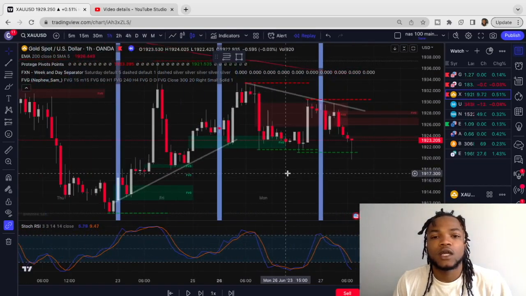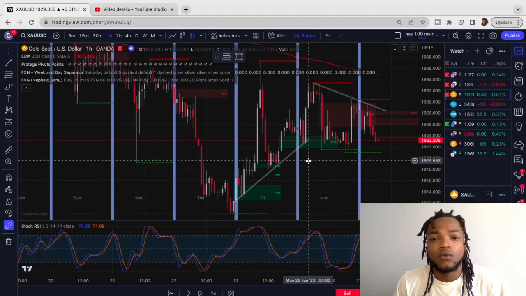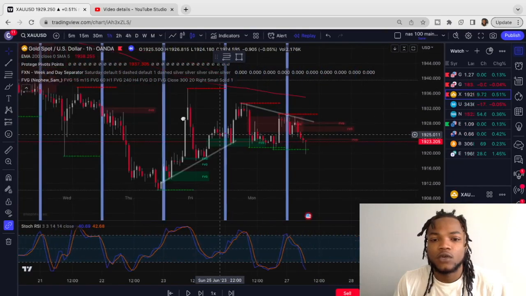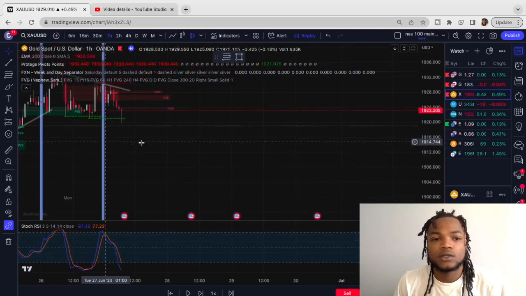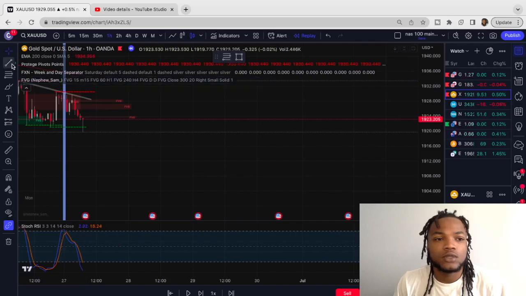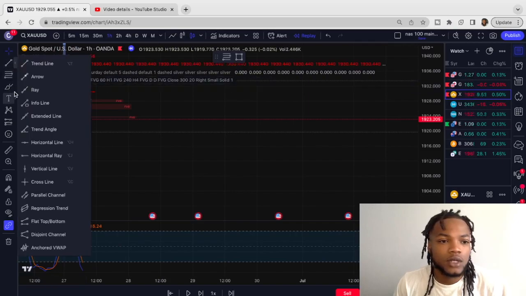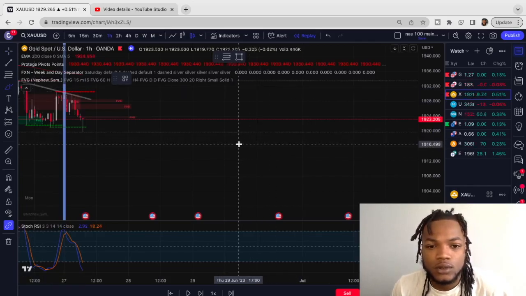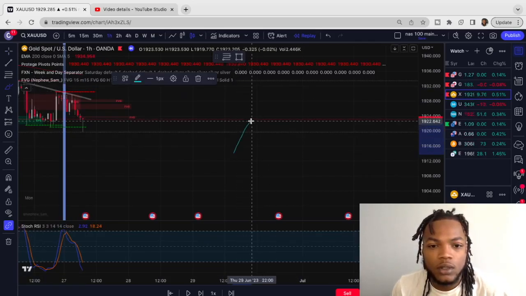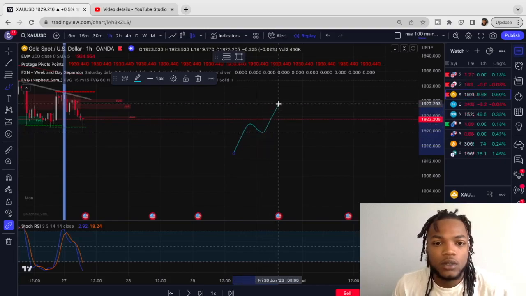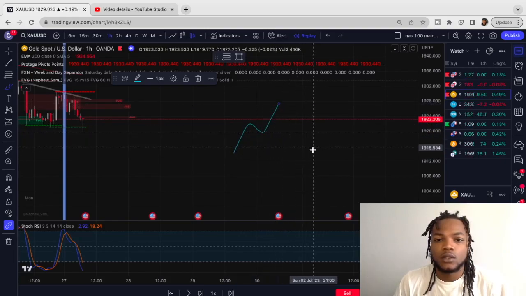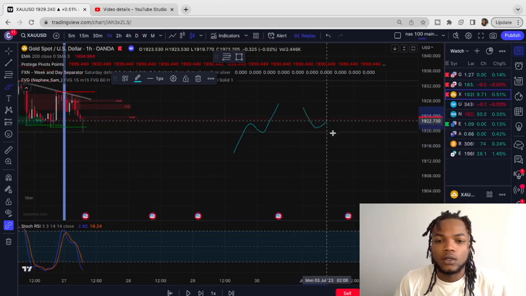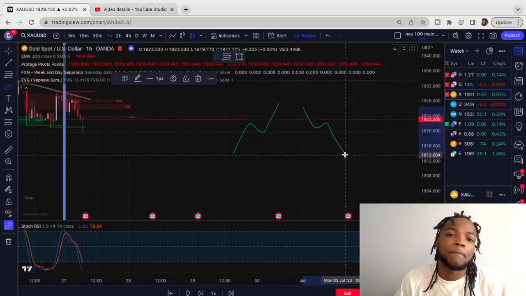Me, how I make my trend lines. If I see on the daily we're selling or we're in a downtrend, as you see, we already know the market does two things. The market will go here and it's gonna buy, or it's gonna continue selling.